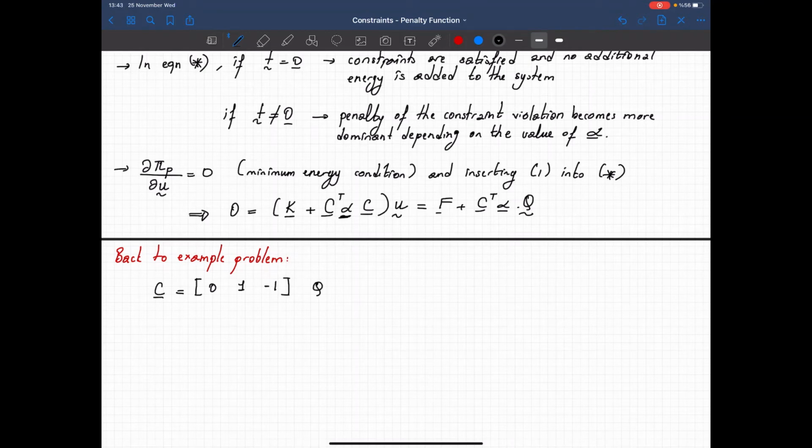And Q is equal to 0. And my alpha matrix, I just write it in this way, alpha multiplied by the identity matrix. Okay.